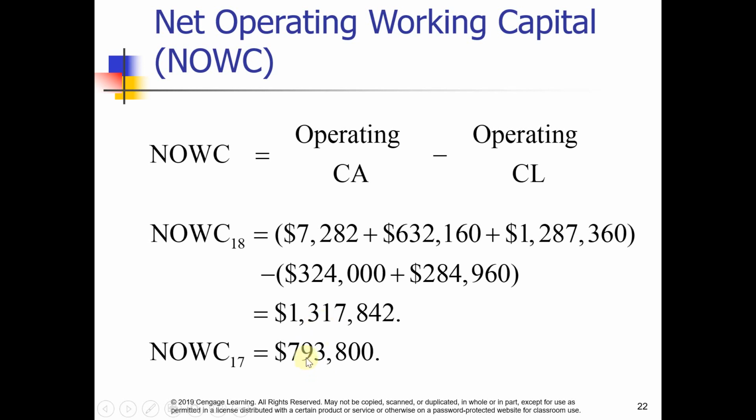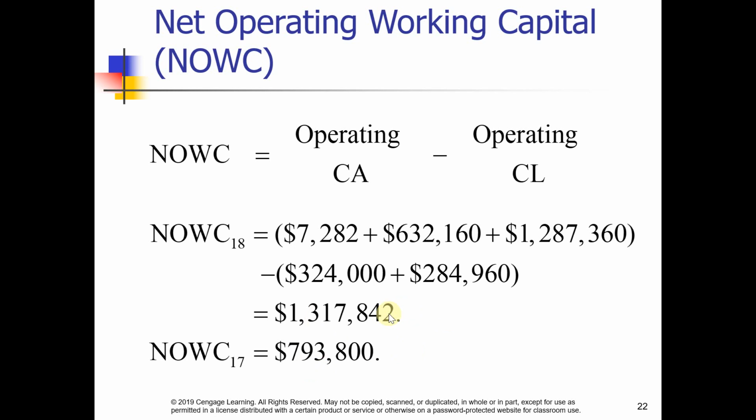So from 800,000 to more than a million. The difference between these two is the extra investment in net operating capital this company had to carry out for a smoother operation of this business. So that was kind of a drain from free cash flow.